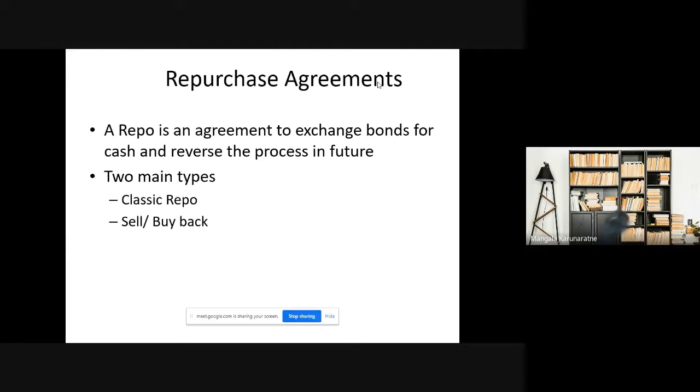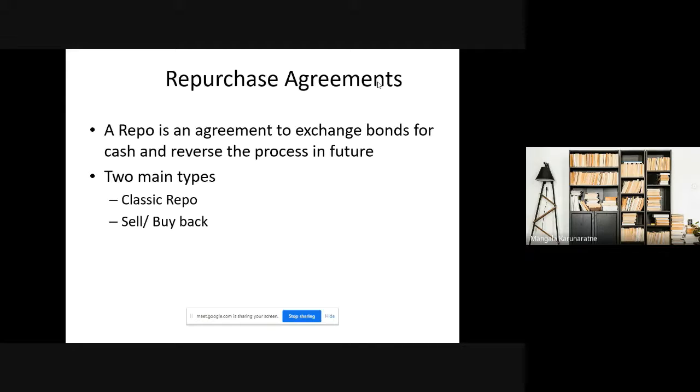What is sell and buyback? Sell and buyback is like you are selling the security and buying it back, right? The classic also has that feature, but in sell and buyback you sell it at the market yield. It is like an outright sale.